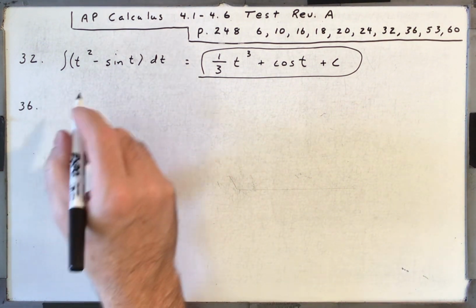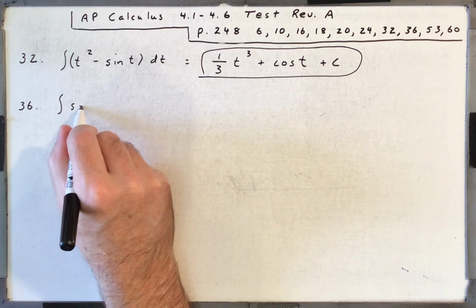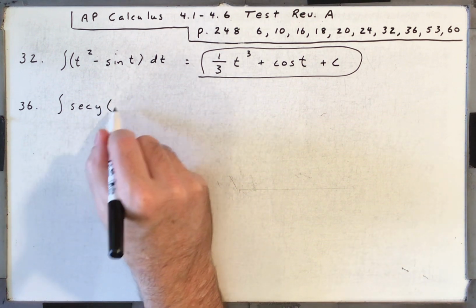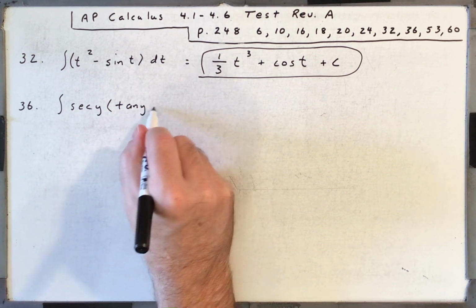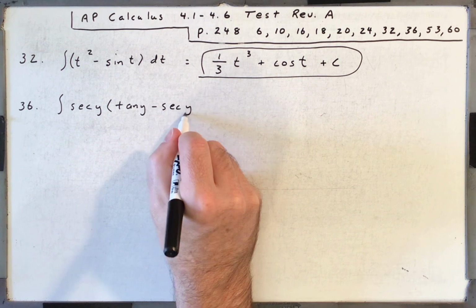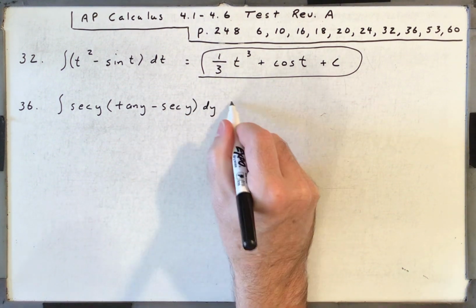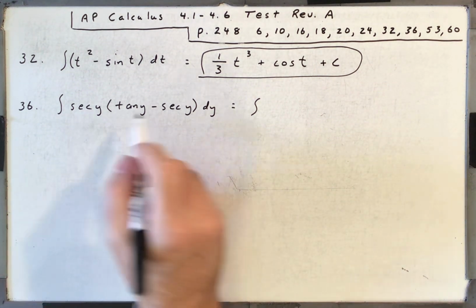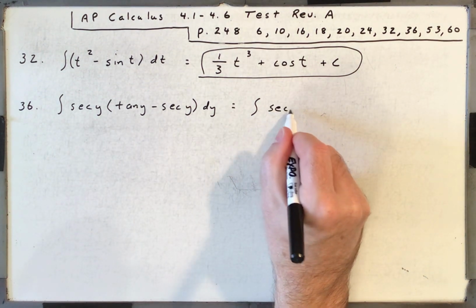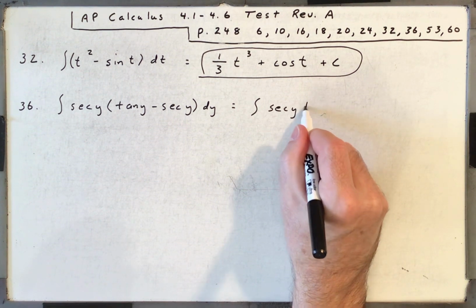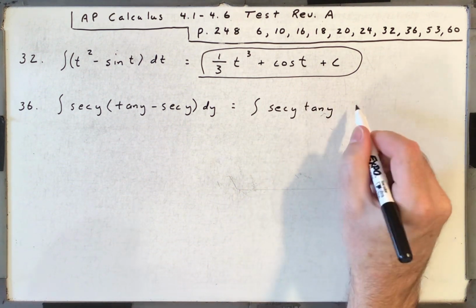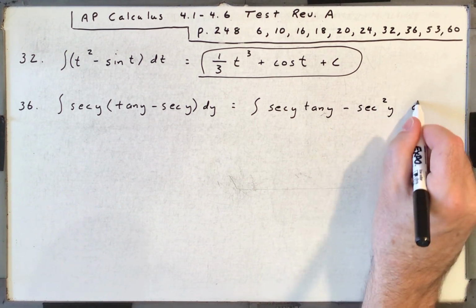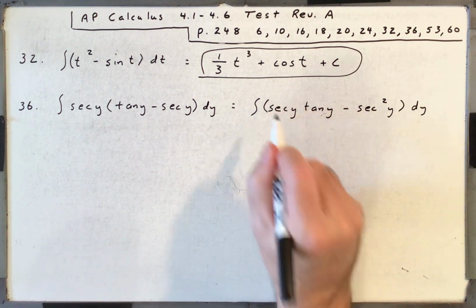So 36, we have secant y times tangent y minus secant y dy. Well, let's rewrite that integral. Let's go ahead and distribute the secant y, because I think if we do that, we won't have to use any kind of u substitution or any other methods.